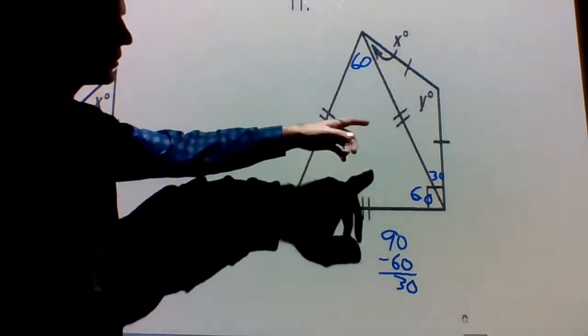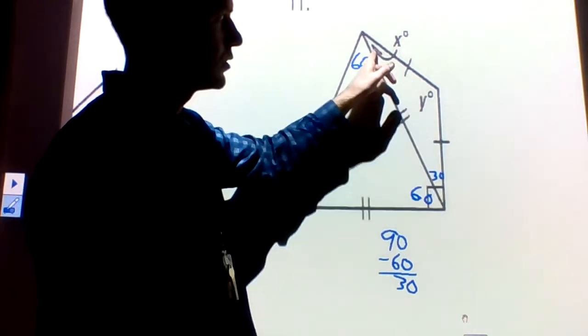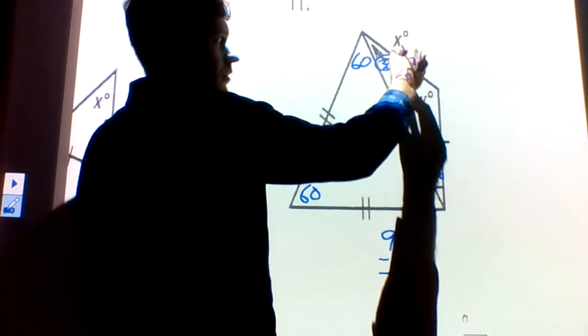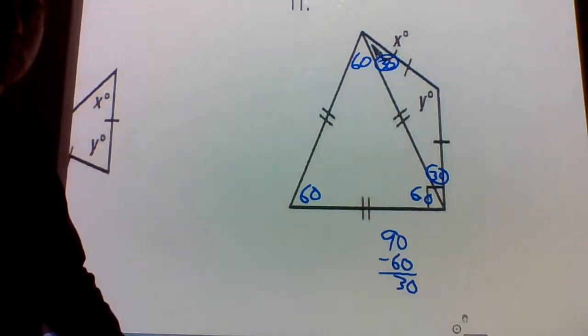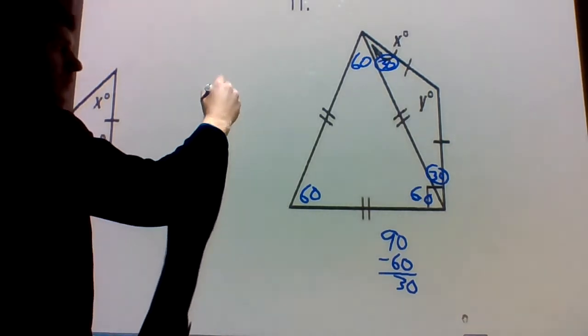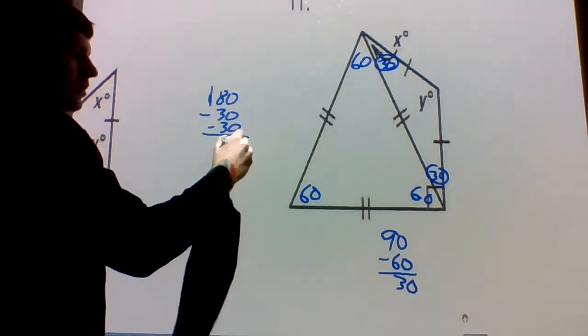And we have an isosceles triangle here, right? These two sides are congruent, so your bases are going to be these ones. So x over here is going to be 30, right, and 30. And then to find your third angle, we have to do 180 minus 30 minus 30, which is going to give us 120.